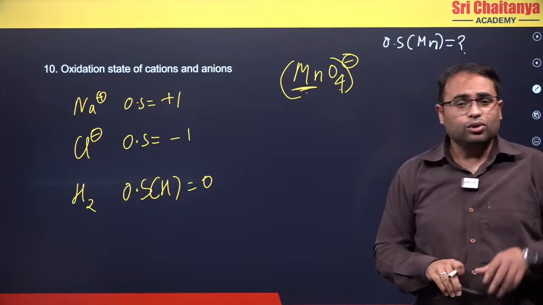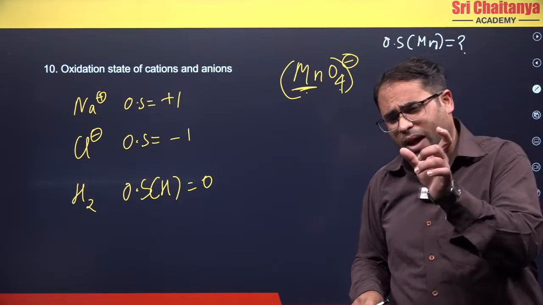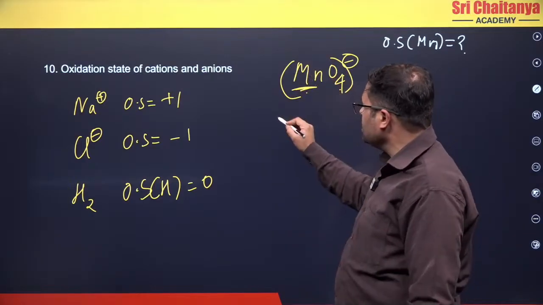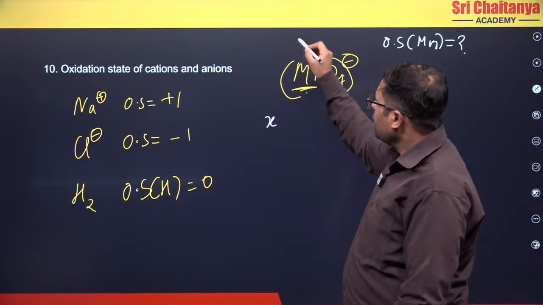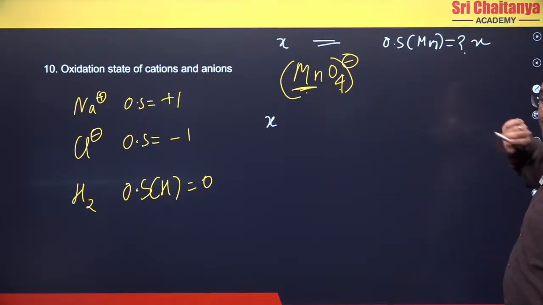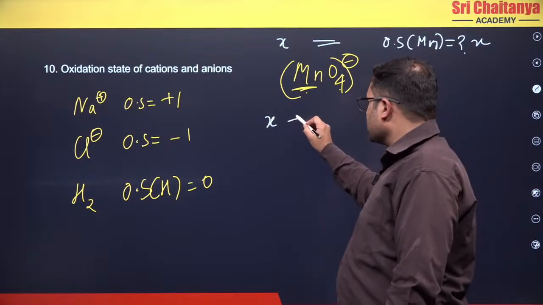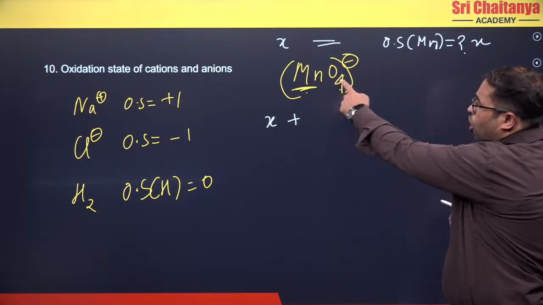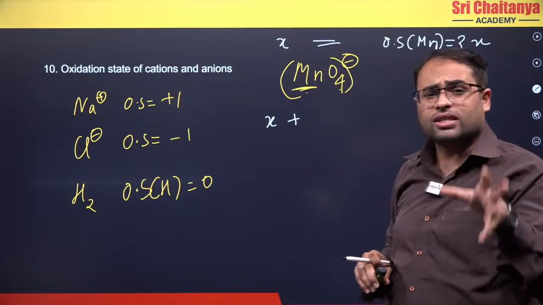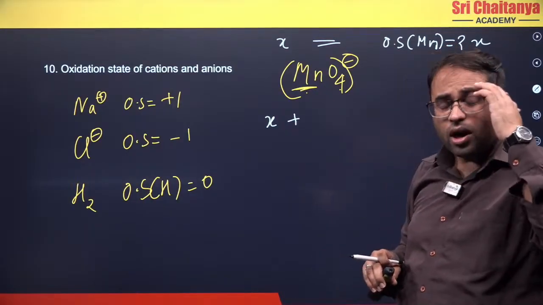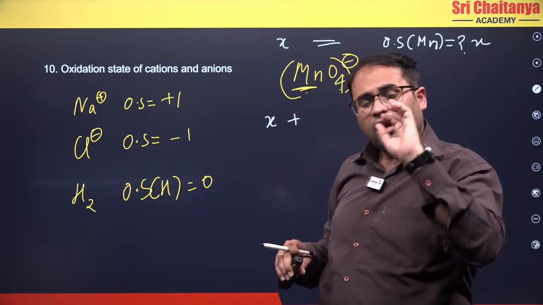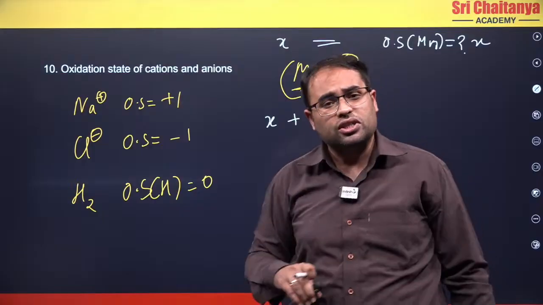Now, to get to this, we will use some basic maths, nothing big. Let the oxidation state of manganese be X. Now X plus each oxygen here will have an oxidation state of -2. It's an oxide, it is not a peroxide or anything. Remember, peroxides, superoxides, you will be able to see them clearly. Normally oxygen has a -2 oxidation state.